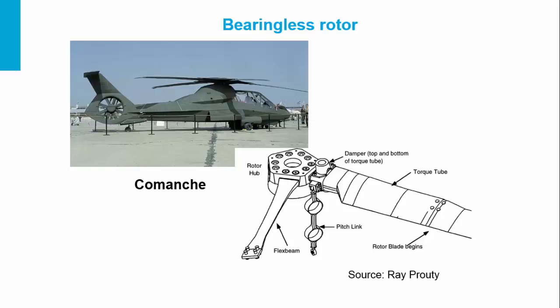So you see here the flex beam, which allows the blades to move up and down, lead-lag, and also to pitch. And this was in a torque tube. In this way, I end this course of giving you the main rotor types, the classic articulated helicopter and the hingeless and the bearingless helicopter.